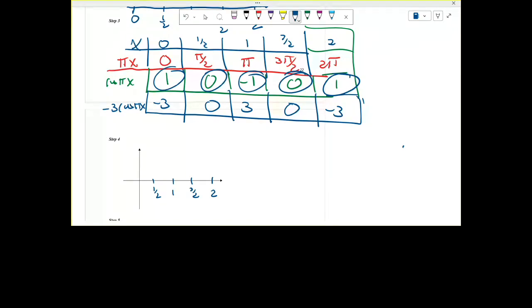It looks like our graph bounces between a low number of -3 and a top number of +3. 1, 2, 3. 1, 2, 3. At 0, we're down here at -3. We come up to 0, we go to +3, back to 0, back down to -3, and boom, there's my picture. That's all you got to do.